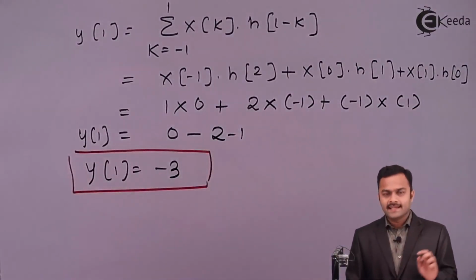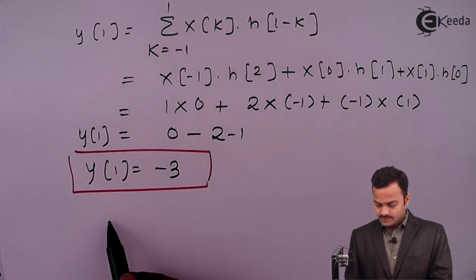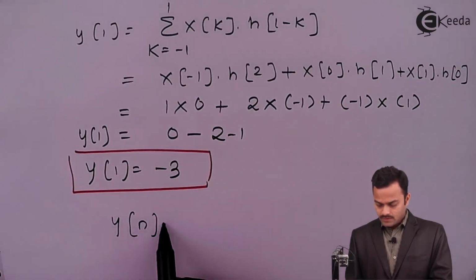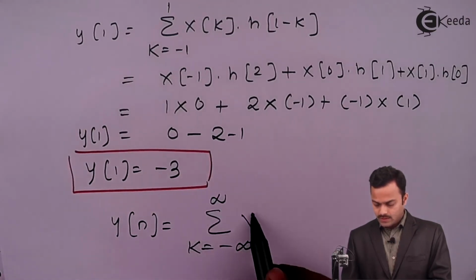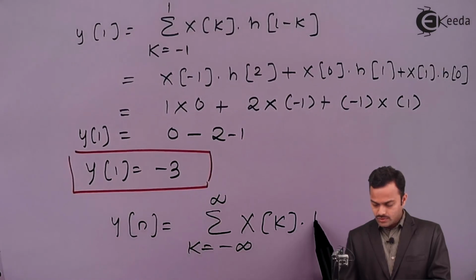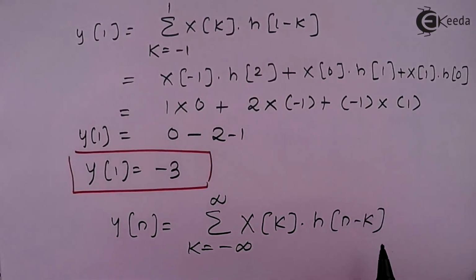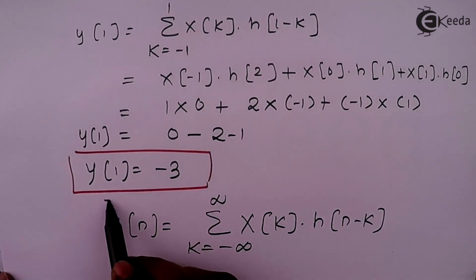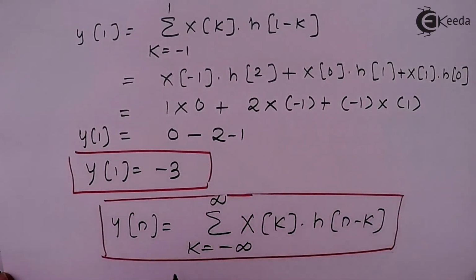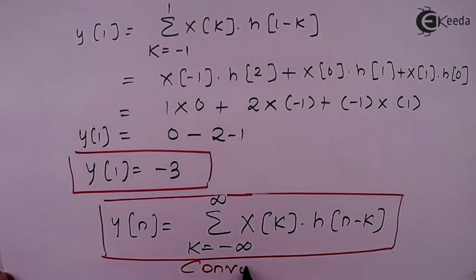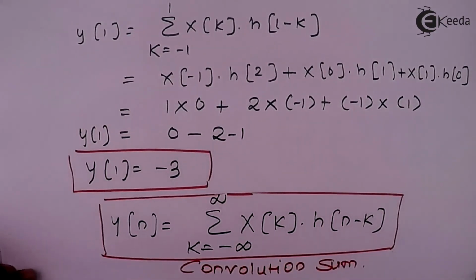So this particular thing, y of n is summation k from minus infinity to infinity x of k into h of n minus k, is valid, and we call this the convolution sum. What is the advantage of this?